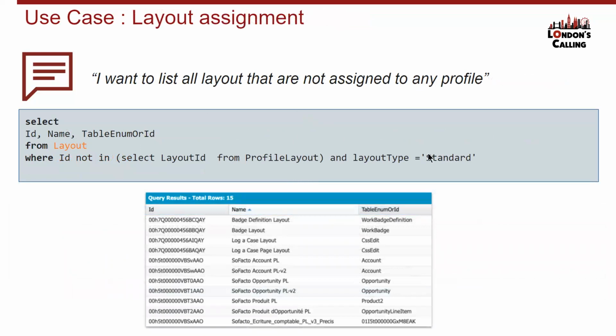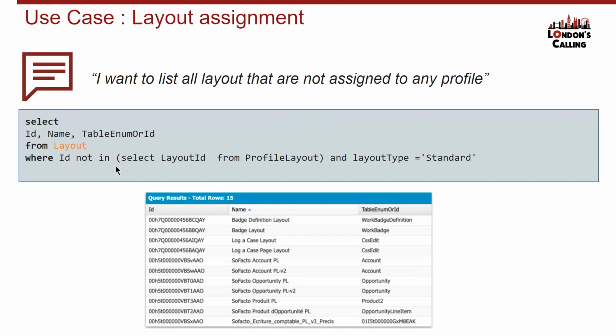This one is used if you want to check if you have layouts that are not assigned. This one is a bit tricky, but the issue with Salesforce is that it's very easy to create a new layout, but to see if a layout is still assigned to users or not is quite difficult.